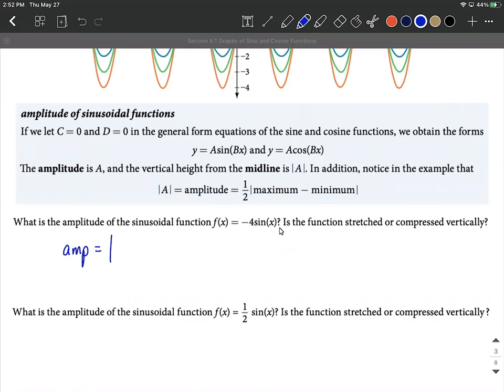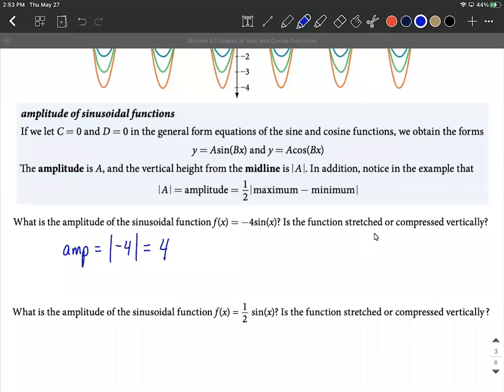The number out in front is -4, so we take the absolute value of -4, which, as we've worked with absolute values before, makes it +4. So the amplitude of this function is 4. It oscillates between -4 and +4.